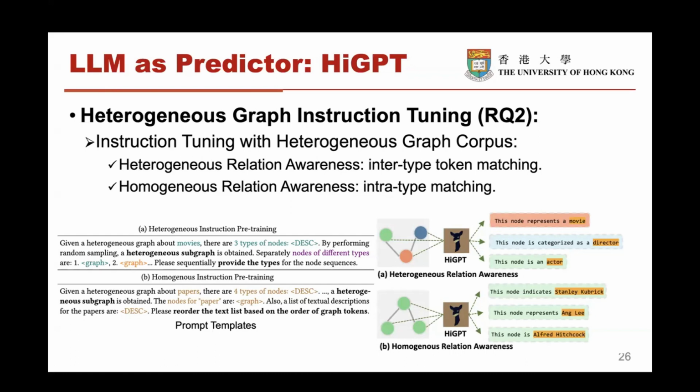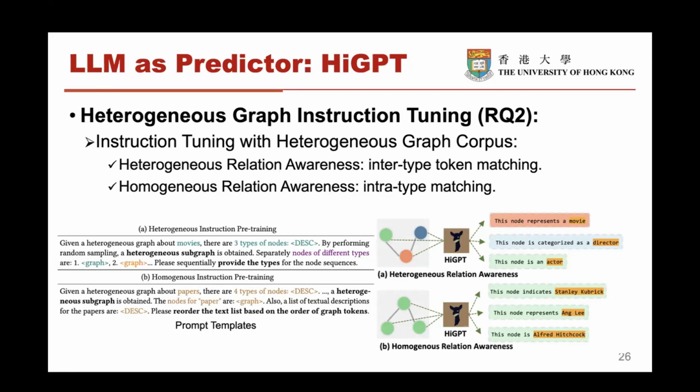But if we use the instruction tuning with a heterogeneous graph corpus, which is a very large set of heterogeneous graph and instruction pairs, the LLM could successfully conduct the heterogeneous graph downstream task even with one-shot downstream task-specific instruction tuning.